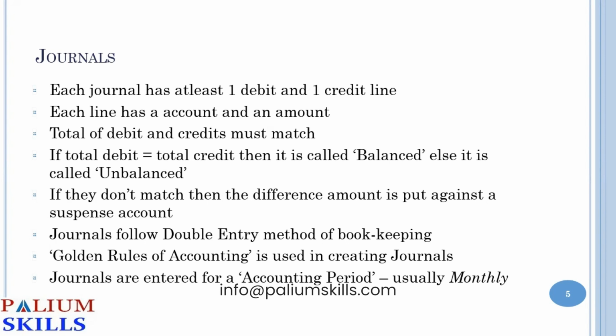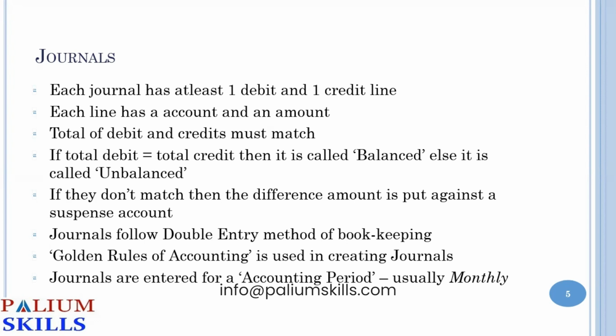If they are not matching, it is called unbalanced. If they don't match, the difference amount is put against a suspense account. Suspense account is where you record all transactions that don't match up.